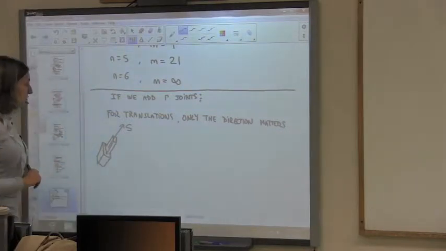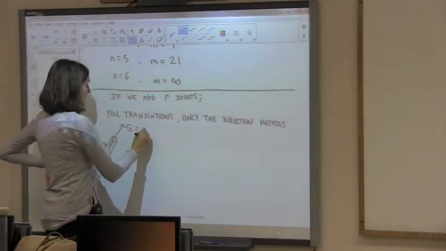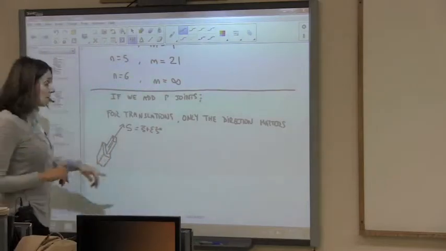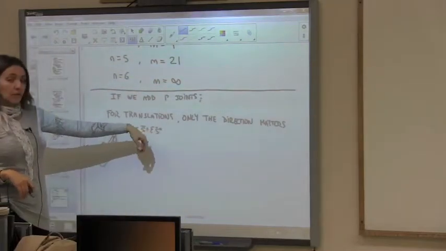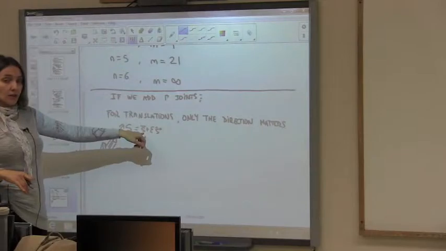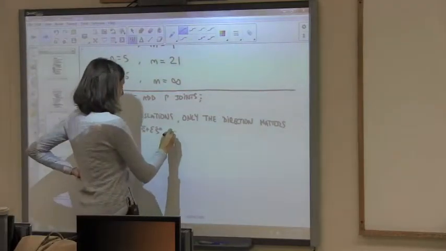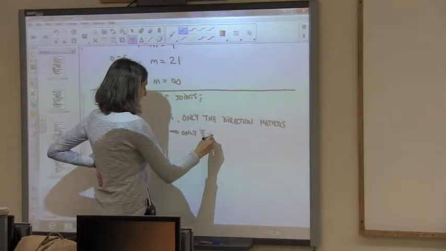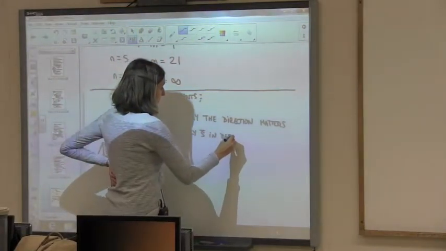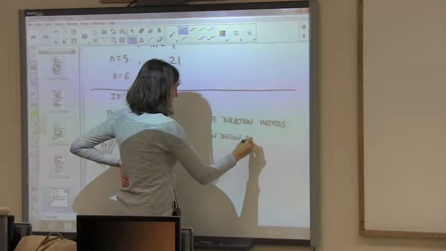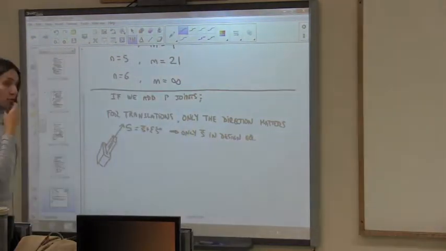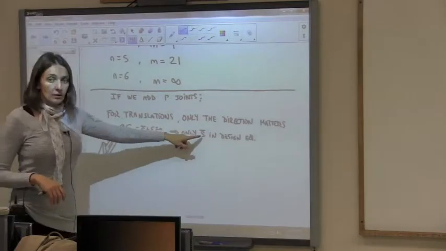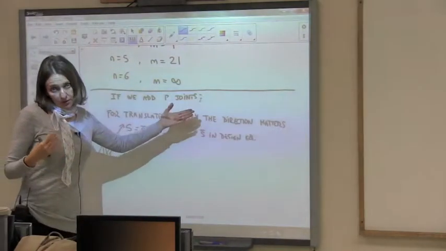Here's your prismatic joint. This will disappear from your equations completely. You will only see S. Only S in design equations. Which means that for prismatic joints, when we do that counting, we have to consider only 2 parameters, because it's a unit vector.